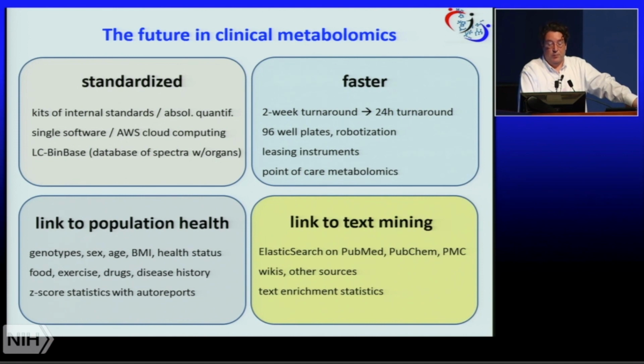so that we can actually do this cheap. We also need to be cheaper. So we lease instruments, we go for robotization. So that's all data acquisition. But in terms of linking to population health, we need much bigger databases to tell, what is a normal population? What do we see normally, not only in these few controls that we picked here randomly, but really across the population?